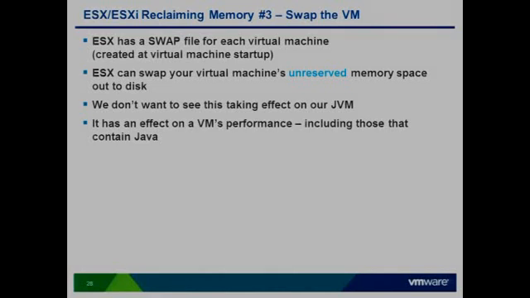Now, this is not guest operating system swapping. This is swapping at the ESX hypervisor level. I want you to avoid both for Java. Of course we want to avoid it because it's to do with memory, and we don't want memory going anywhere for our Java program. So we don't want this to take effect either. And this would only take effect if you memory overcommitted the box. So if you stay out of memory overcommitment, then you're going to be fine.